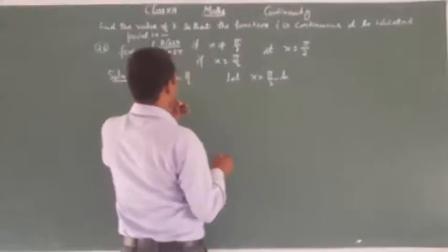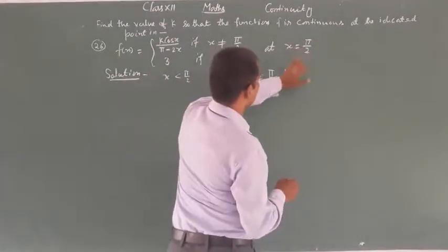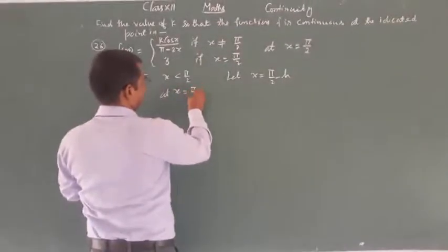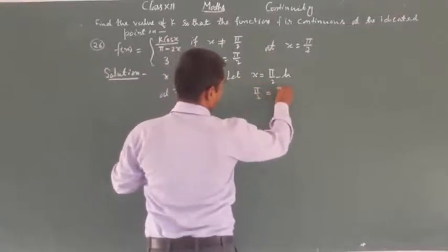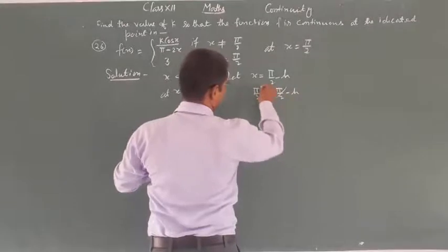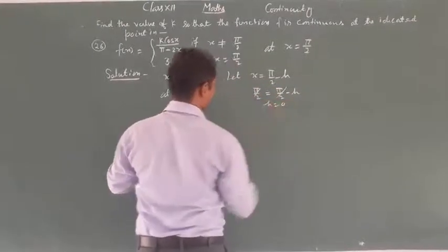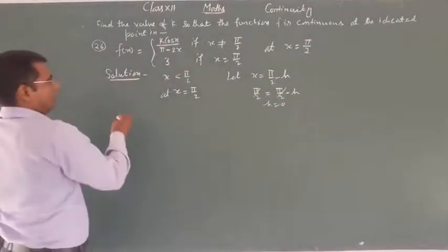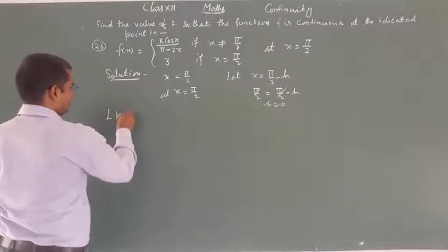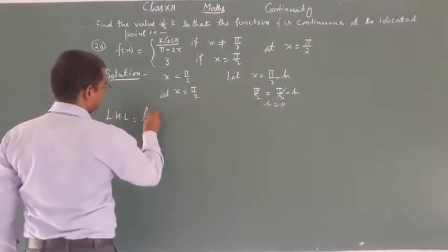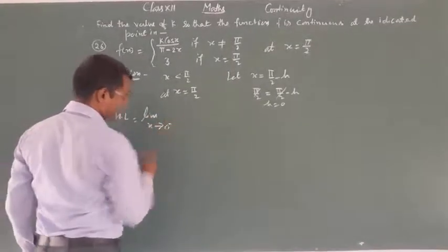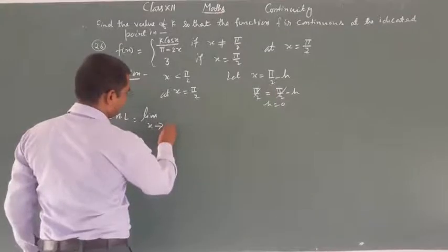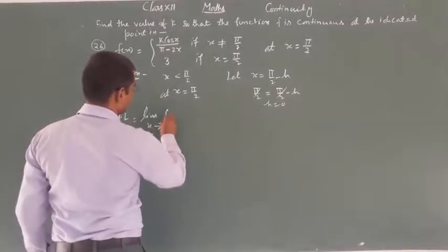Now put x is equal to pi by 2: pi by 2 is equal to pi by 2 minus h, so cancel out, h is equal to 0. Now the left hand limit, x tends to pi by 2 from the left, of f(x).